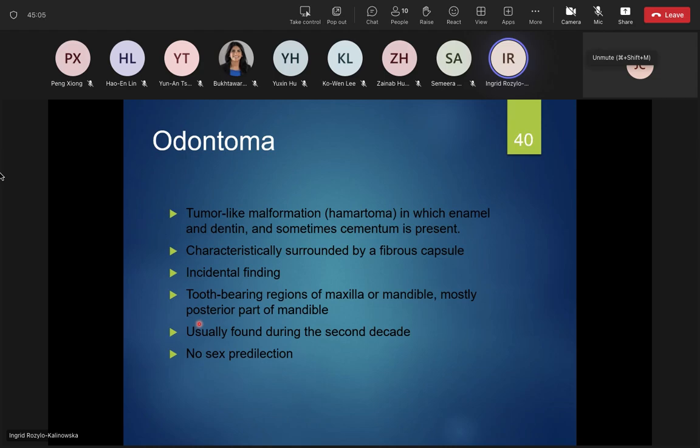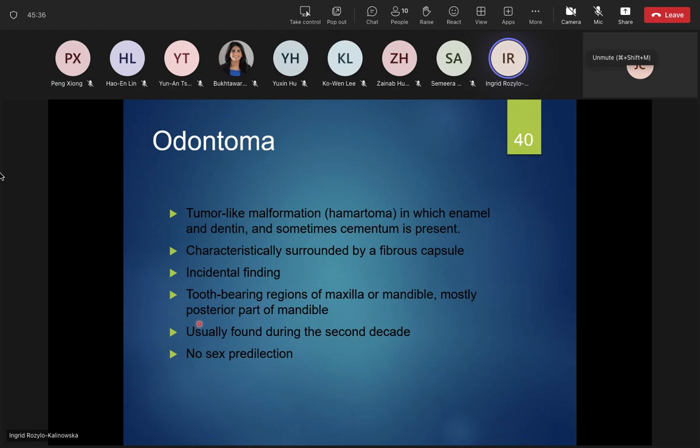Once the lesion is formed, it stays the same, so it does not grow anymore. And these tumor-like malformations occur not only in the mandible. You can find them, for example, in the ovary in females, and they can be found as teratoma also in, for example, the floor of the oral cavity.